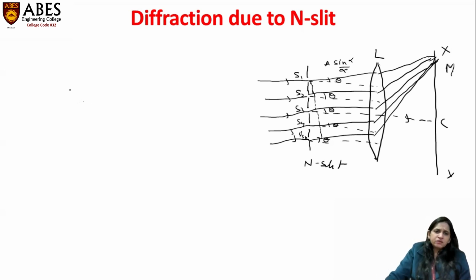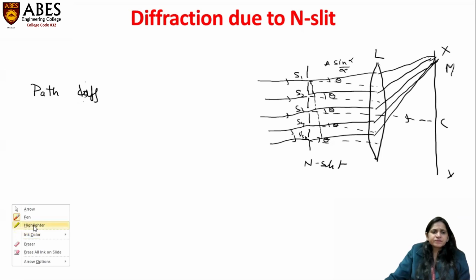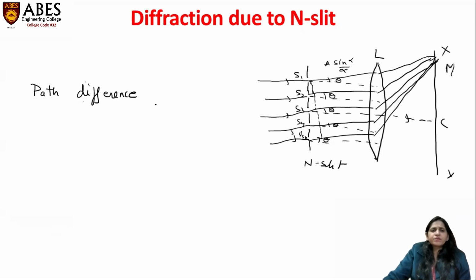When we geometrically calculate this, the path difference is (a plus b) sine theta. What is a? The width of the transparent area.